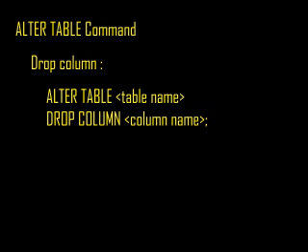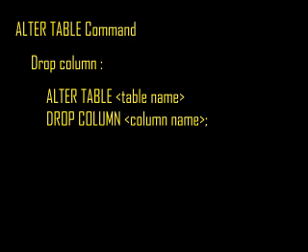Next method of alter table is drop column. Drop column means delete the column. If you don't want any column, you can delete the column from the table. Syntax is alter table, table name, drop column, column name.